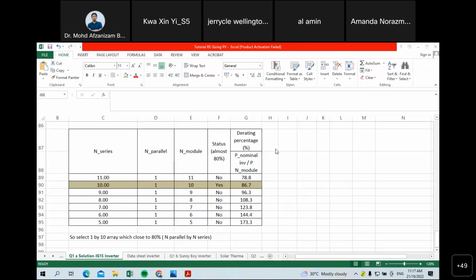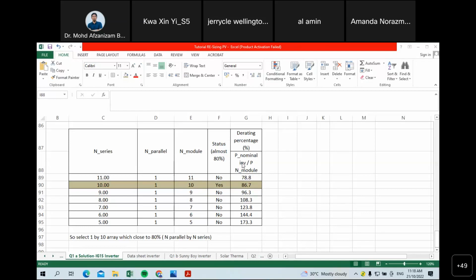Why do we choose the... Okay, I think we go just to the basics. Why do we go for the 80%? First thing first, when we see the P nominal of the inverter over the P module. The P module is the 150, which means the STC condition. Because we take the 150 times the number of modules, say 10, we get 1500.